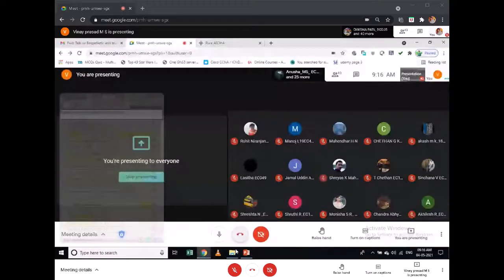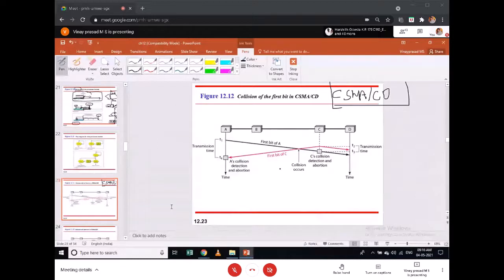Okay, so there were two stations. Let me erase this slide and write it on this slide itself. Instead of taking four, let me take only two. Let us take station A and station B. Both stations have data to send, and they were sending their data on this channel.